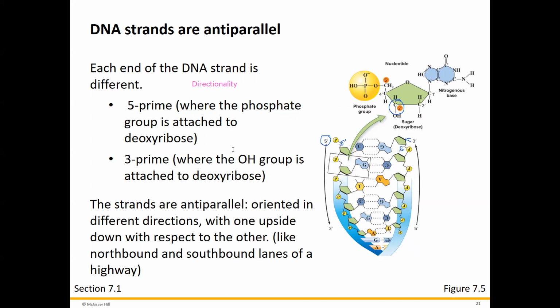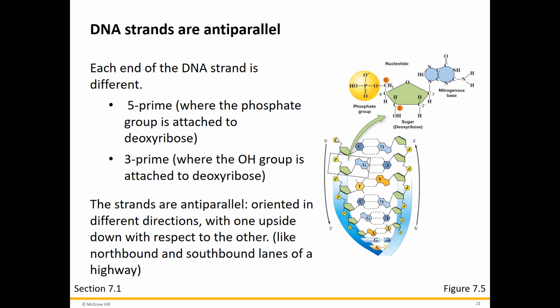The 3' is where the OH group attaches to the sugar. So these strands are referred to as anti-parallel. Anti-parallel means that the strands have to be oriented in opposite directions.